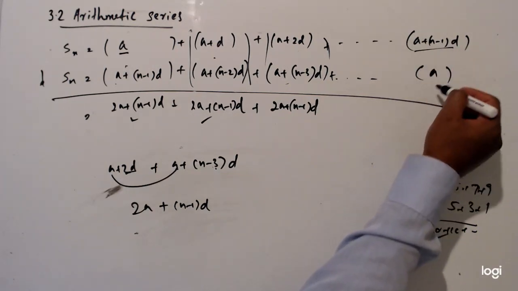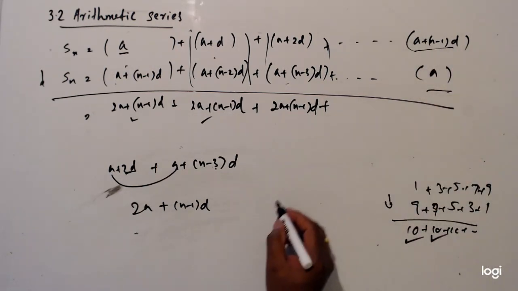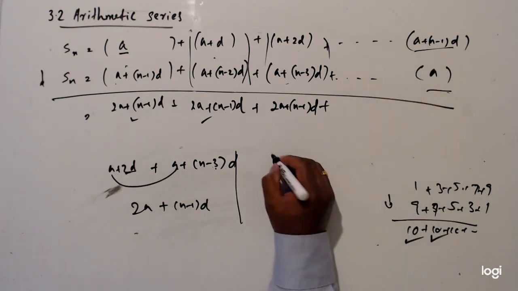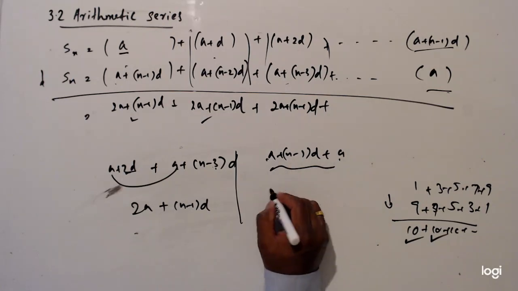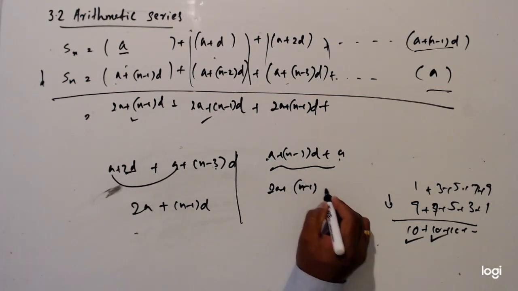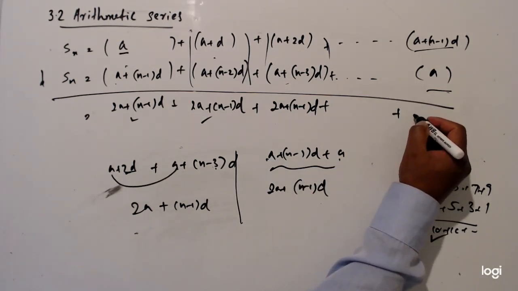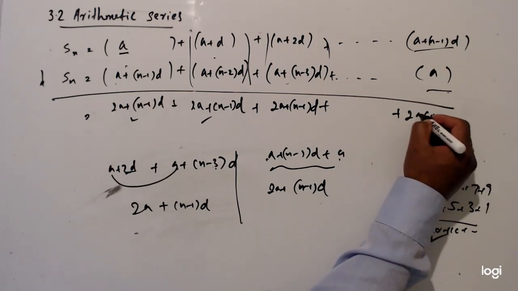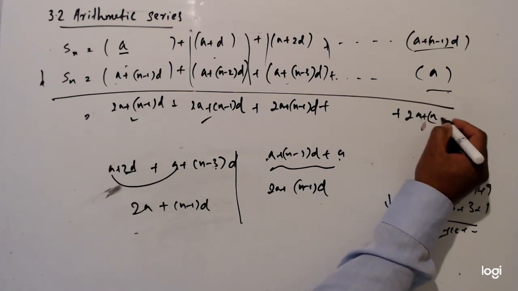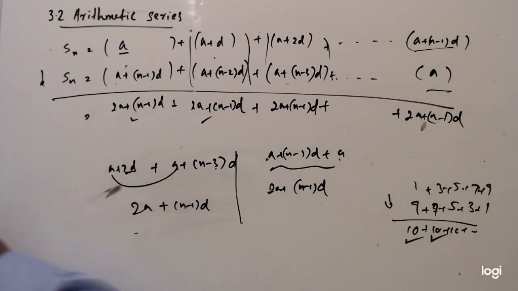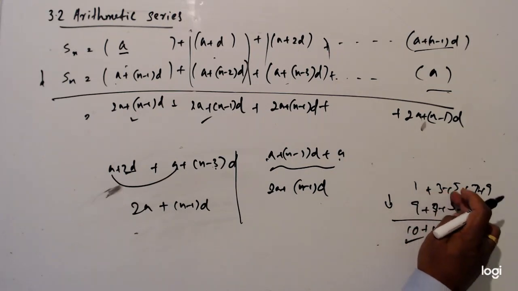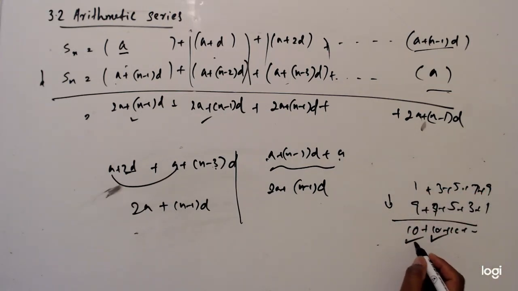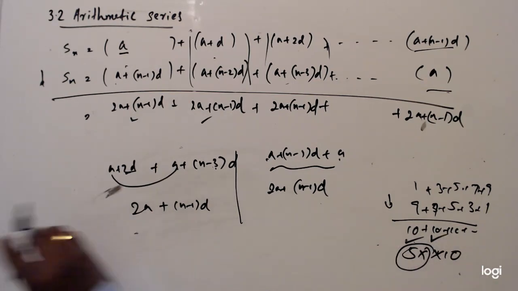And the last one, a plus n minus 1 d plus a, it means 2a plus n minus 1 d. So now you can see that 1, 2, 3, 4, 5, so 5 times 10.